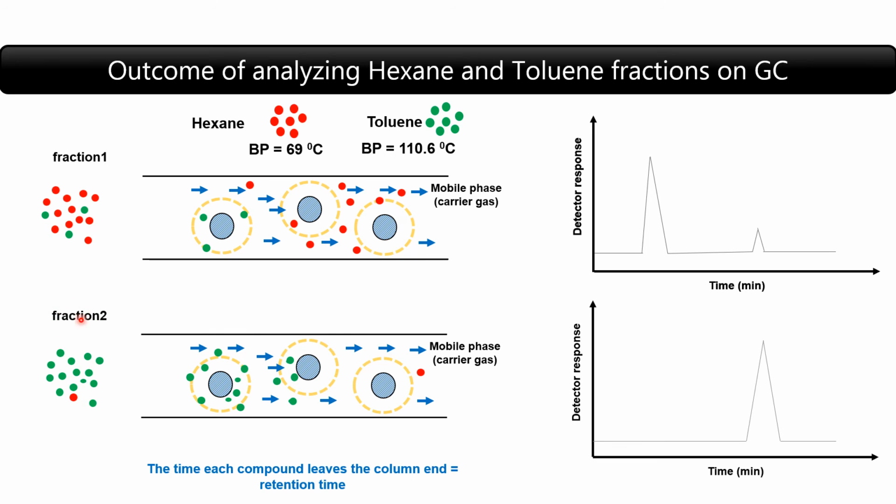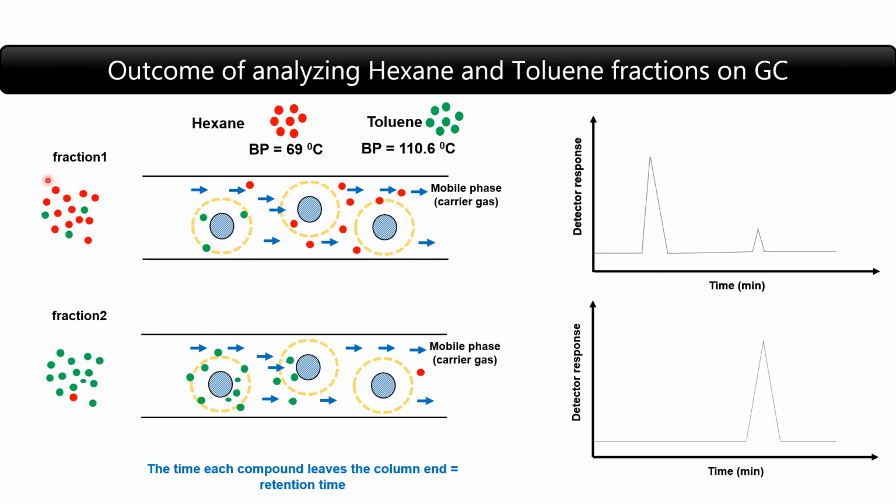But fraction 2 should mostly contain only toluene. To analyze how good our distillation was, we're going to pass each fraction through the column and get a graph to see how they look like.